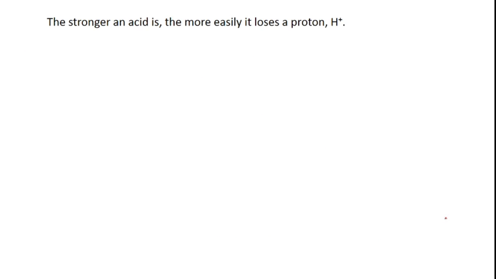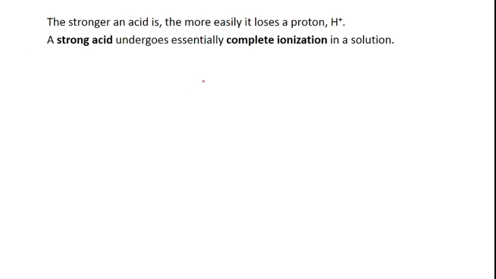So the stronger an acid, the more easily it loses a proton. A strong acid undergoes essentially complete ionization in solution. So we can consider the strength of an acid as high when it undergoes complete ionization.